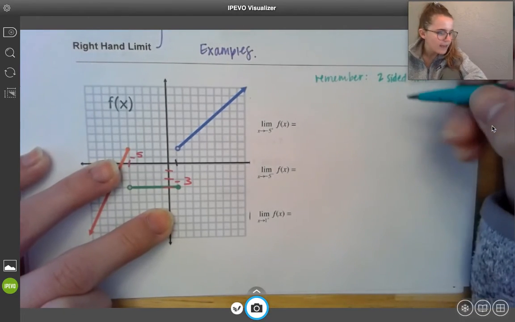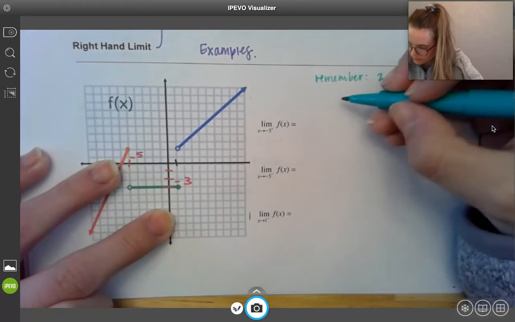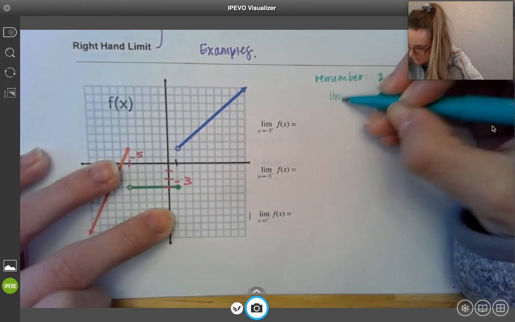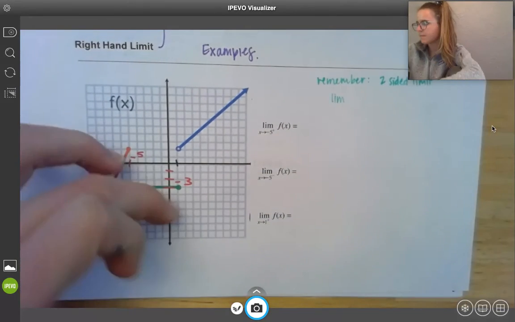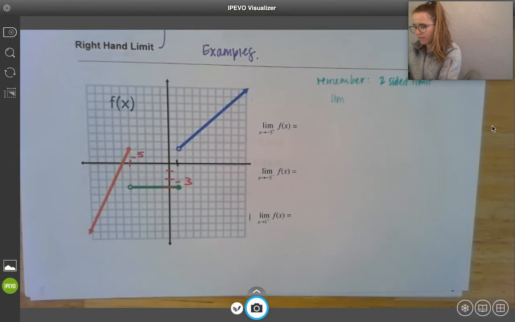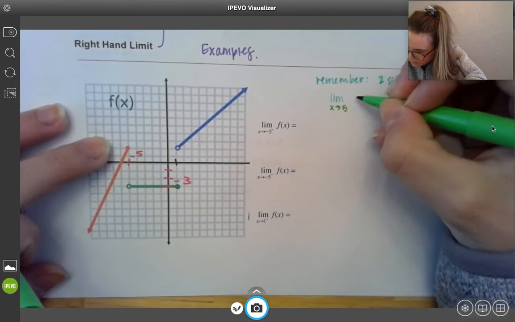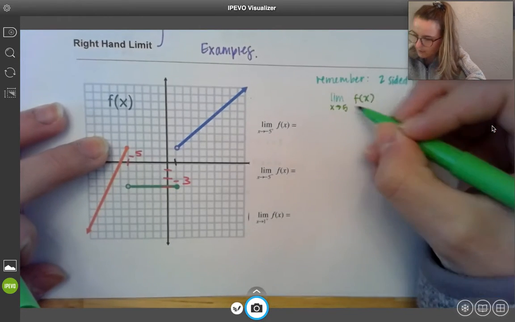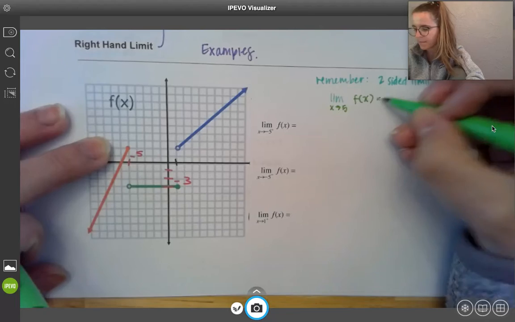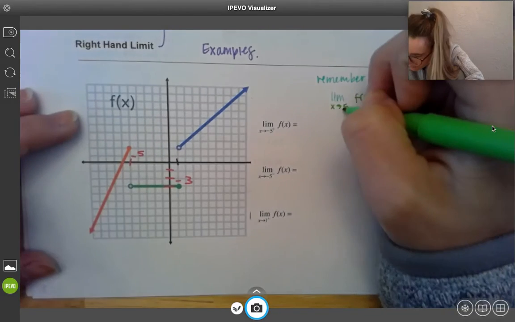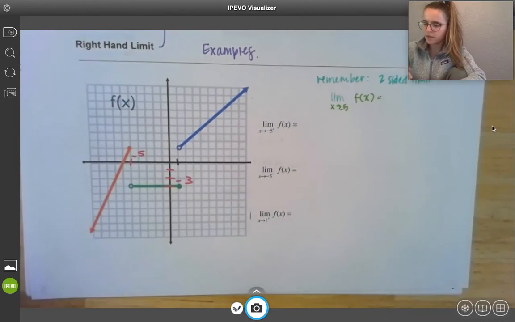We'll just do this one here. We have the limit as x approaches -5 of f of x. It doesn't have a plus sign, so we're talking about a two-sided limit.